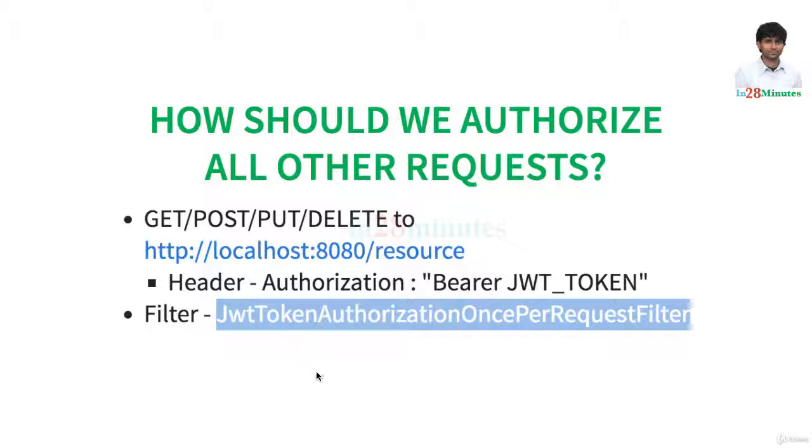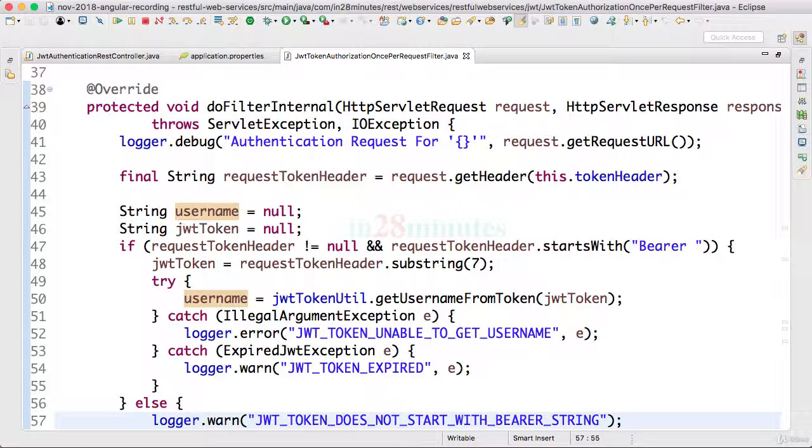So what we do is we implement something called a token authorization once per request filter. For every request, we would want to authorize the JWT token, and that's what this specific filter helps us do. All that this filter would do is check if the user's JWT token is valid.